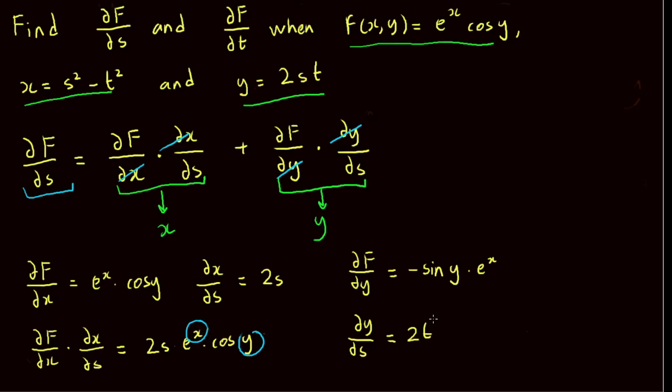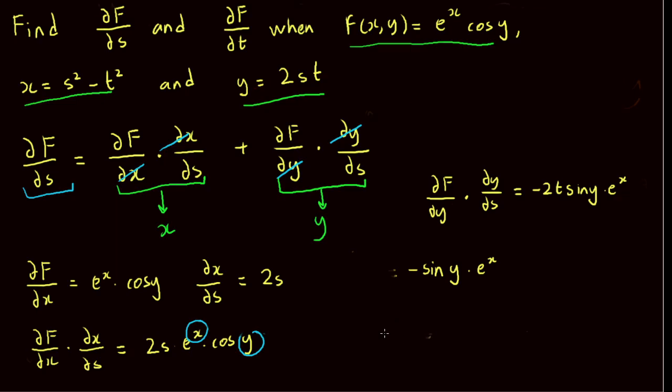It's very straightforward. It's just simply 2t, that's it, because s gets differentiated off, we just end up getting 2t. So therefore del f del y times del y del s is just negative 2t sine y e to the power of x.